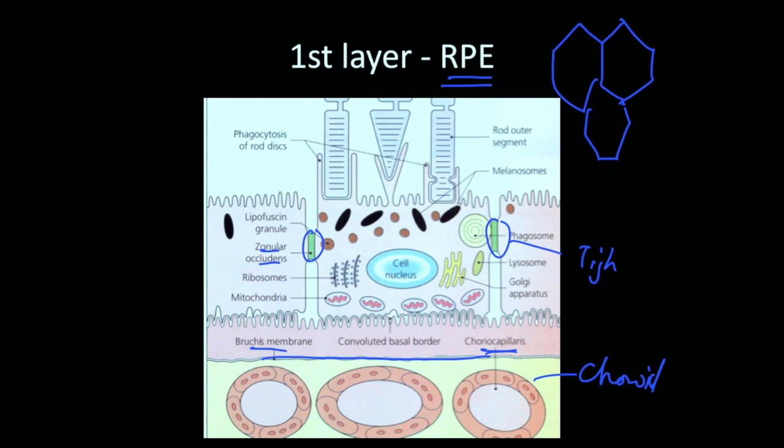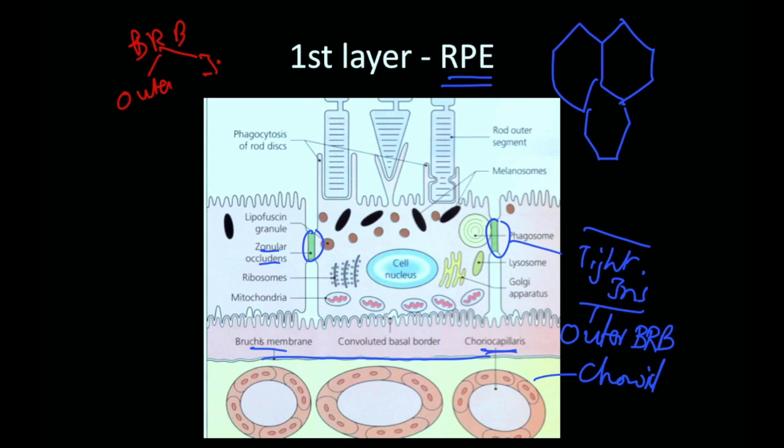These tight junctions form the outer blood retinal barrier. Blood retinal barrier is of 2 types, outer and inner. The outer is formed by the tight junctions between RPE. What about the inner? Wait till the last slide. So this is going to be the outer blood retinal barrier.